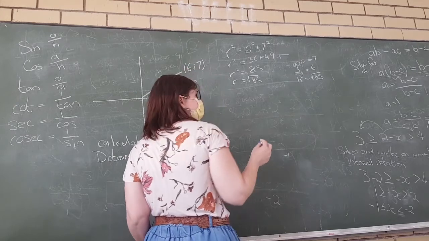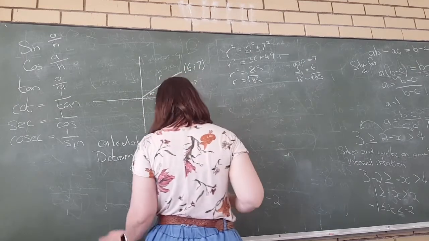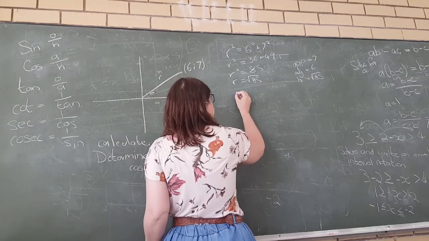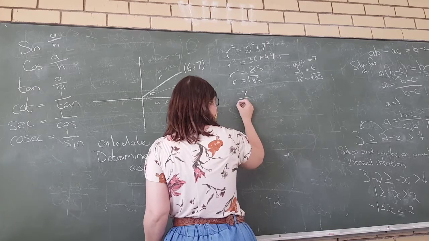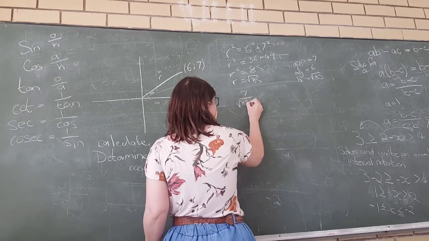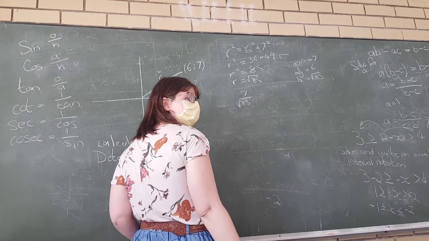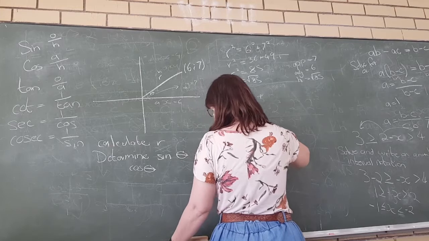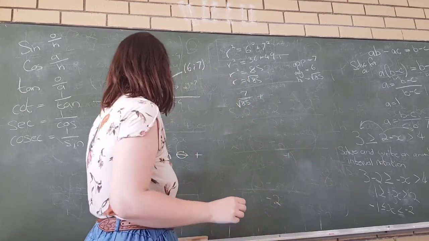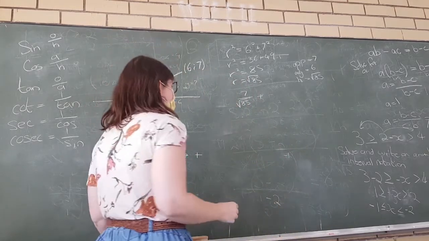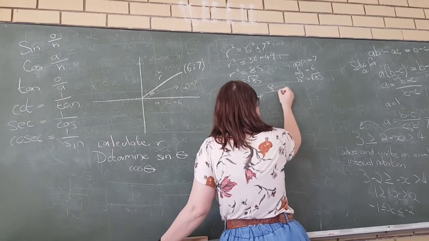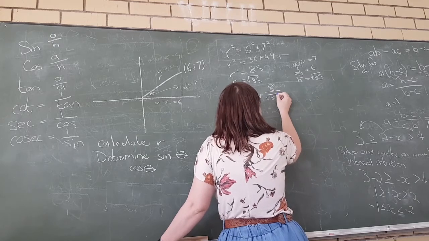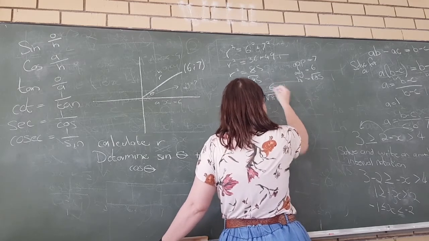From here, it wants me to determine sine theta plus cos theta. So sine theta would be my 7 over root 85, because that's my hypotenuse. Plus cos theta, which is 6 over root 85.